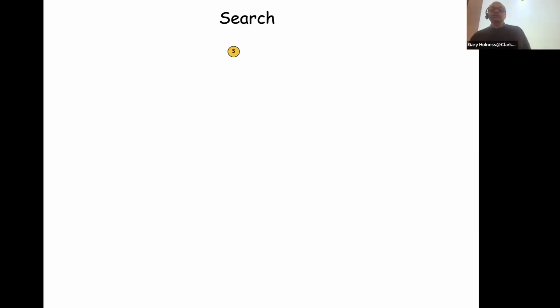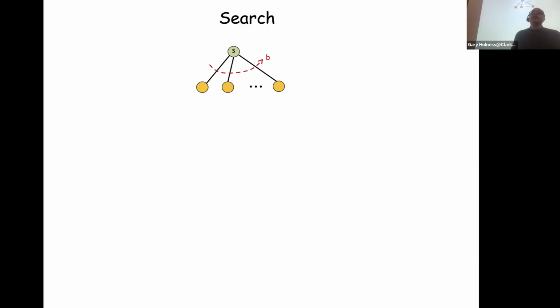In systematic search, we start at some start node, add it to the frontier, and we expand the frontier. It took a really long time to make all these diagrams by hand. But anyways, we expand the frontier by generating its successors, and those successors are bounded from above by the branching factor.